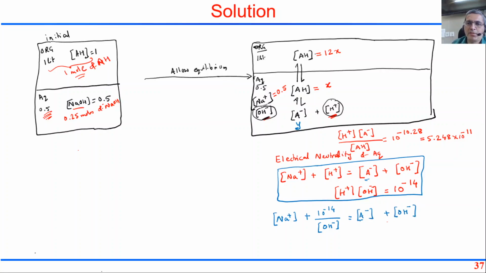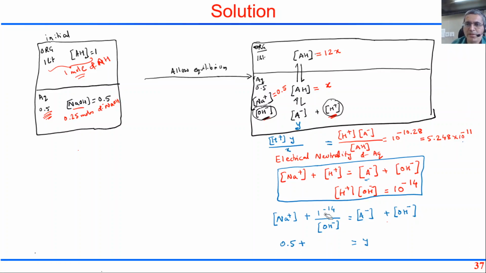Now A minus I want to say is Y. Na plus is going to be 0.5. Okay. Now if A minus is Y, I can use that here, H plus into A minus, that is Y, divided by AH in the aqueous phase, that is X. This would be 5.248 into 10 raised to minus 11.